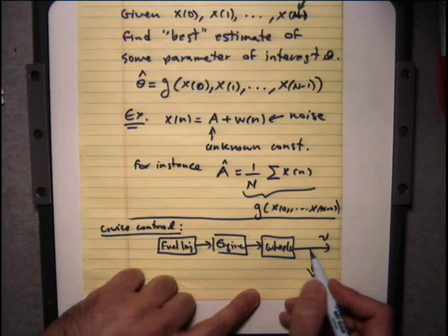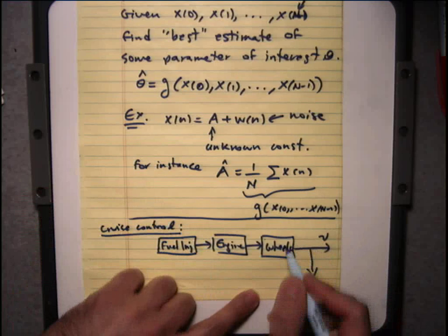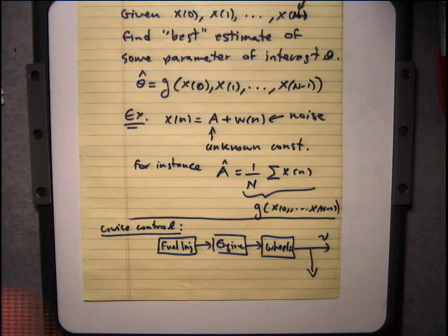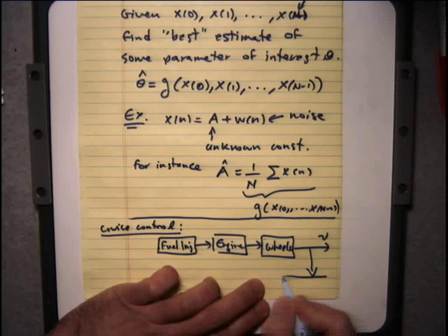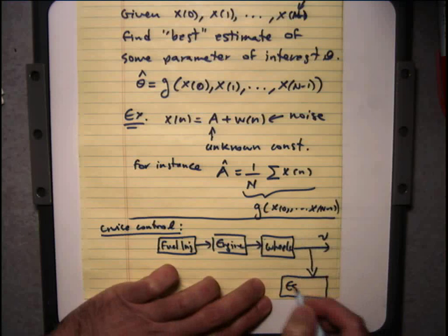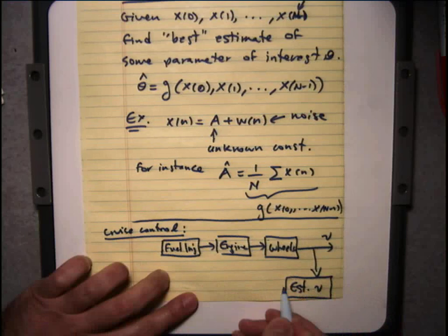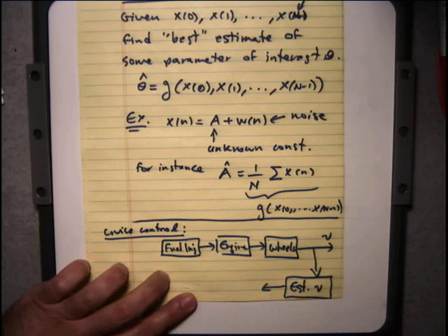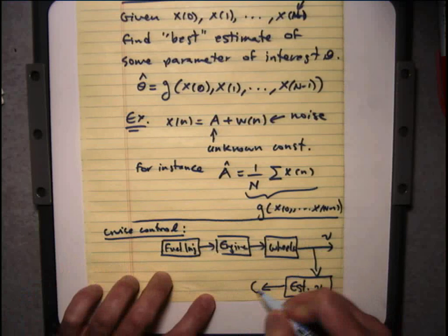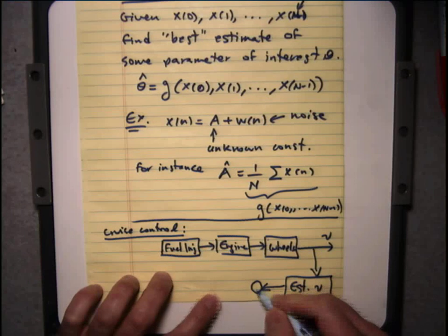Right? So what you're going to do is you're going to take the wheels, and you're going to measure how fast the wheels are turning at any given point in time. And you're going to have a box here that's going to estimate the velocity. Okay? Now, here, you're going to take this estimated velocity, and you're going to compare it by basically subtracting.